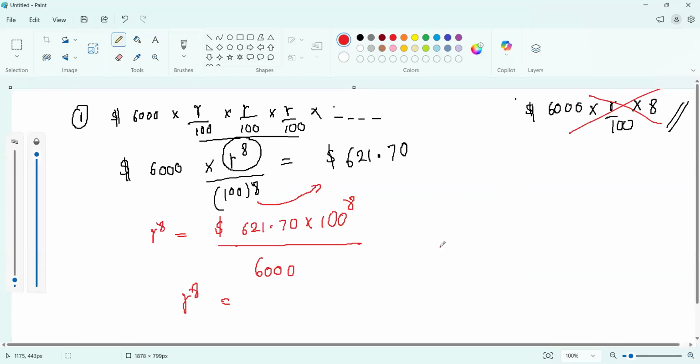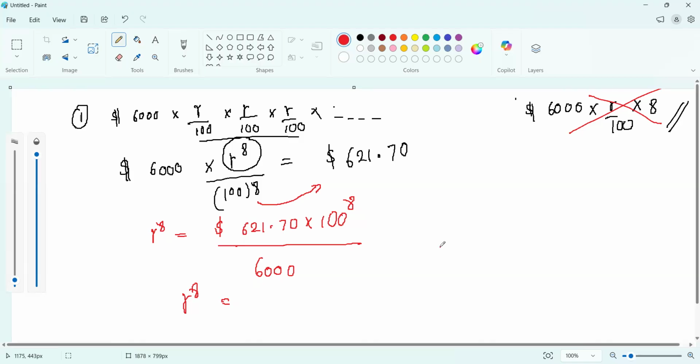Yes, it's better to use a scientific calculator.